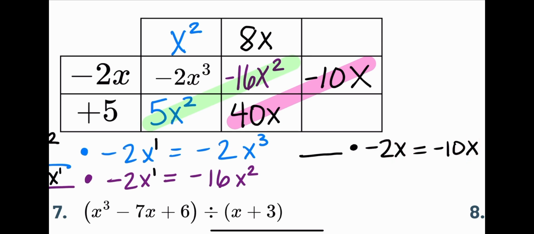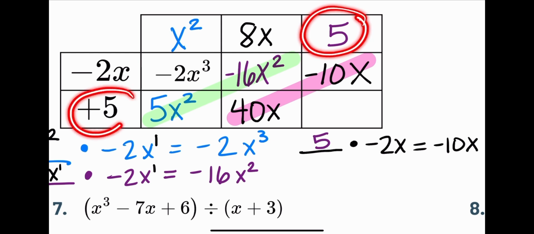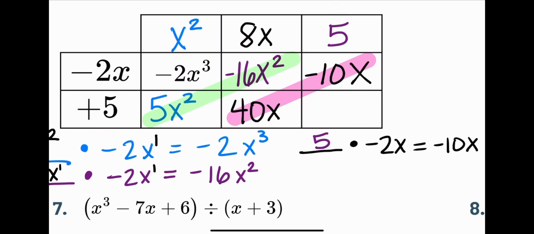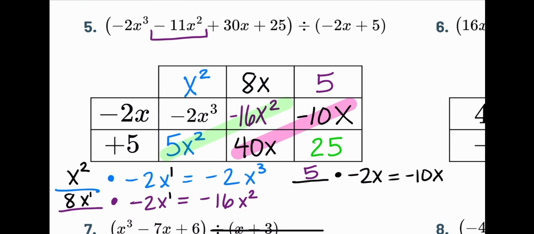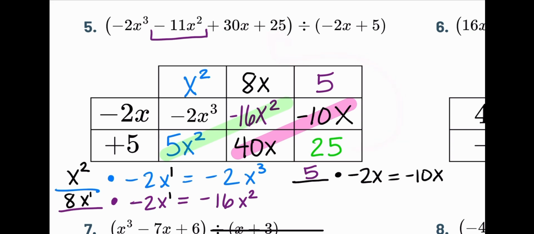So what times negative 2 is negative 10? Hopefully you said 5. 5 times negative 2x is negative 10x. So this box is 5. And now that we have this box, along with this box, we can achieve this one. 5 times 5 is 25. And look at that. Our last term, which is a constant, is in the box.